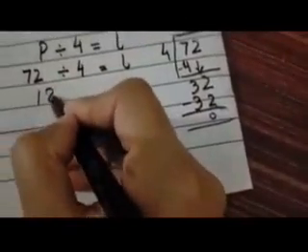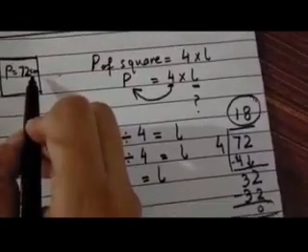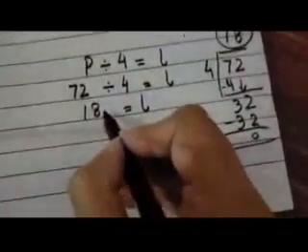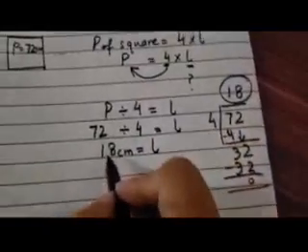That means our answer is 18. 18 is the length of this square. Now what about the unit? It's already given in your question, that is centimeter. You will write your unit as it is. The length is equal to 18 centimeter.